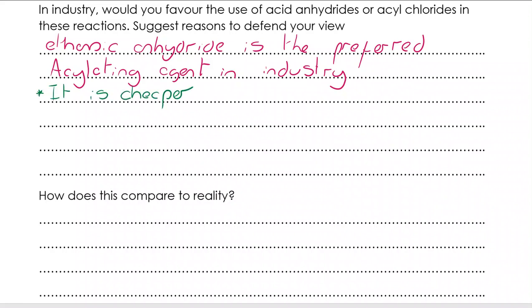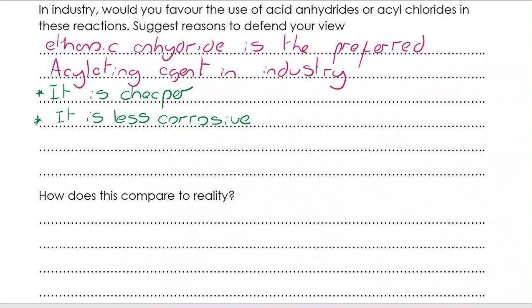So that's a definite advantage. You're lowering your production costs. Acid anhydrides are actually much less corrosive as well. And that ties in with that level of reactivity. Remember, acyl chlorides, the high level of reactivity is because you've got an incredibly delta positive carbon because it's connected to a very electronegative oxygen and a very electronegative chlorine.